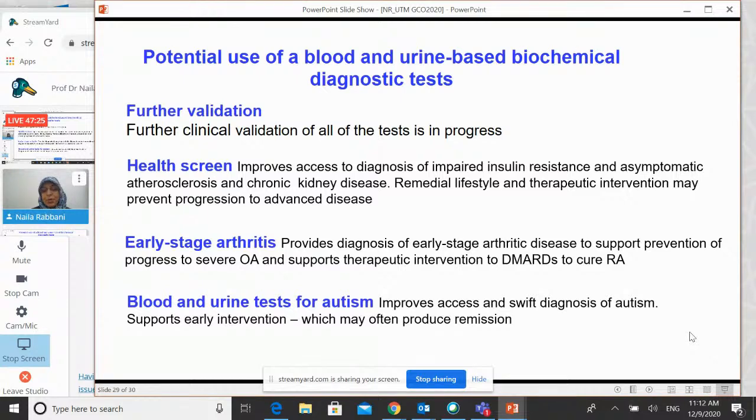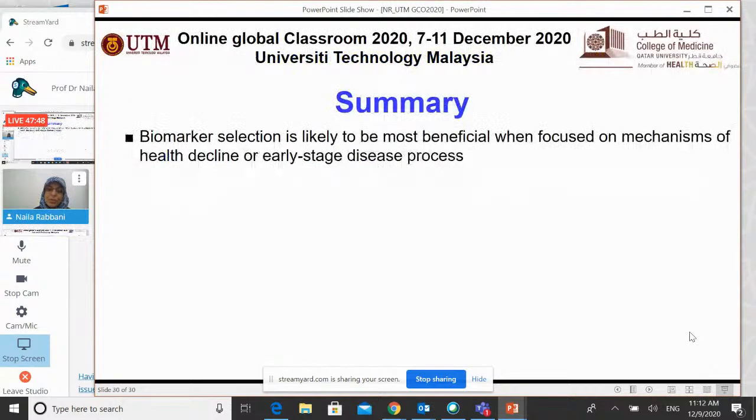A blood and urine test for autism improves access and swift diagnosis of autism, and supports early intervention, which may often produce remission. I mean, that is very important. Early intervention can normalize a person, or remission can happen, but once the disease is set in, you cannot reverse the condition.